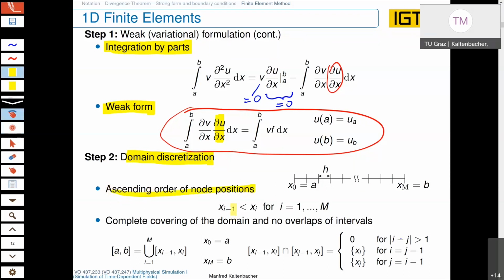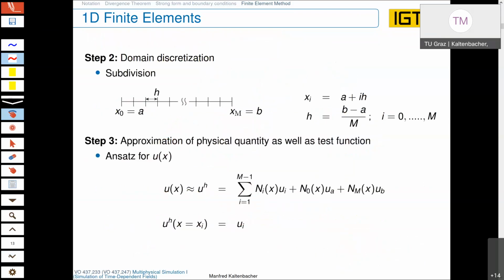The coordinate of node I minus 1 should be smaller than the coordinate of node I. And it should be complete, such that we do not allow overlaps, and also no holes. Okay, so this is what we have with the domain discretization.